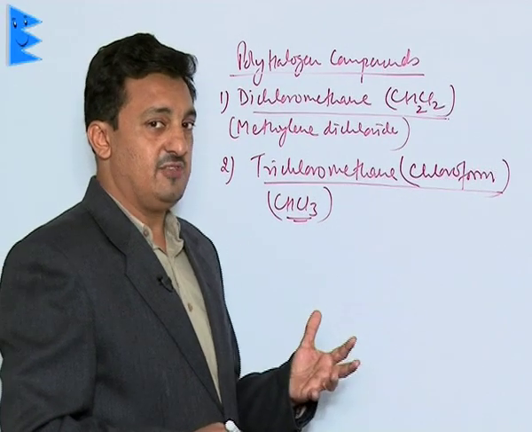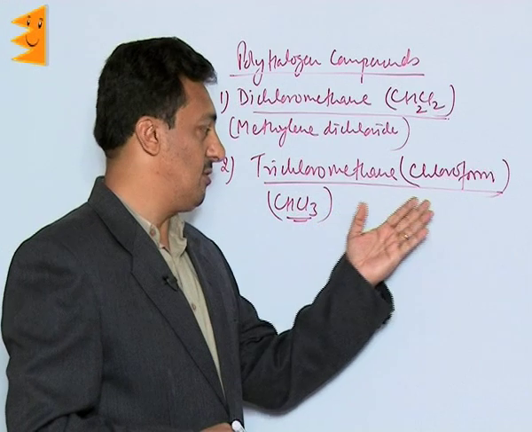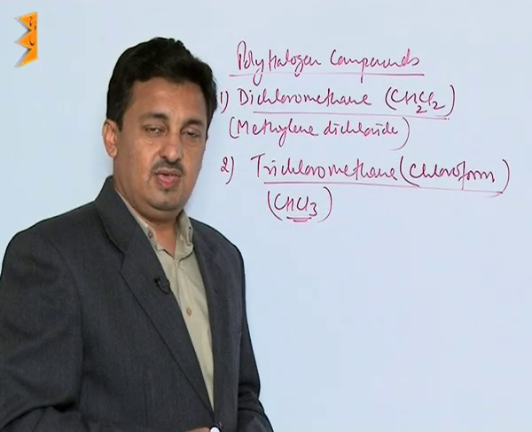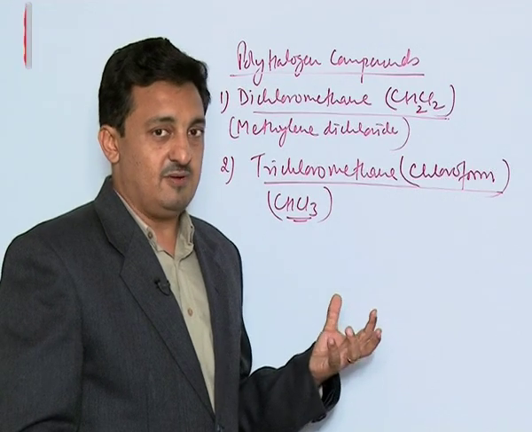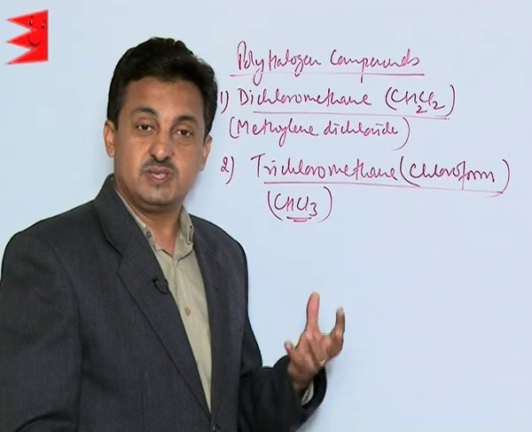The next polyhalogen compound is trichloromethane, or chloroform, CHCl3. We all know this compound and are very familiar with it.